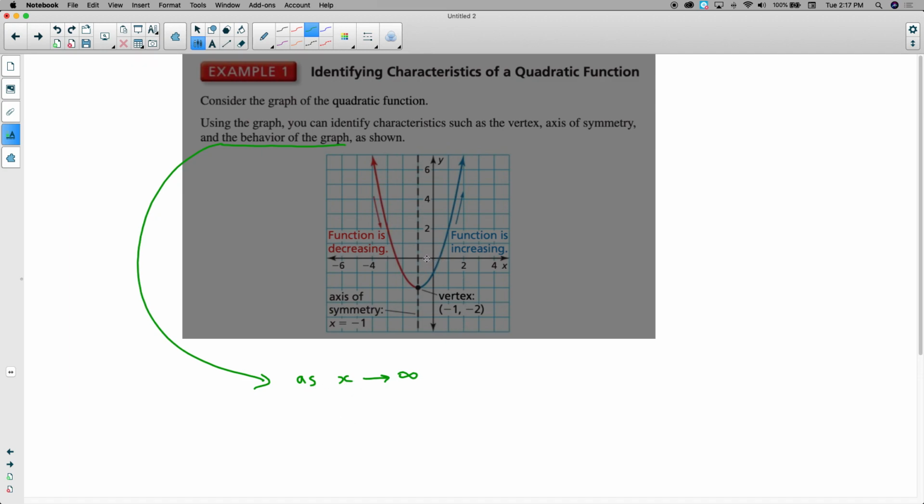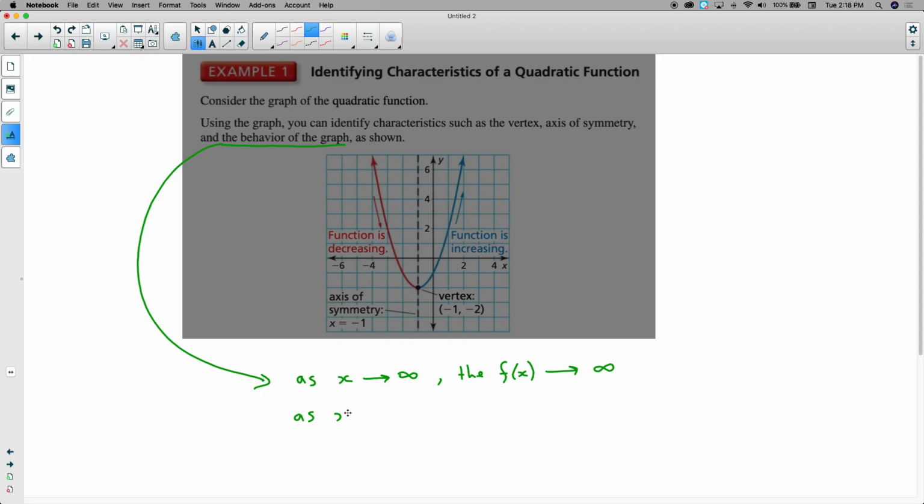So as I go out here, the function, the graph, goes higher and higher and higher. Okay, so as I move to the right, the function goes up. That's the end behavior. Out here, it goes up. Okay.